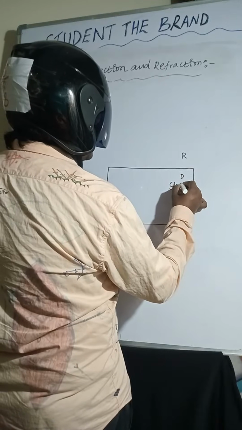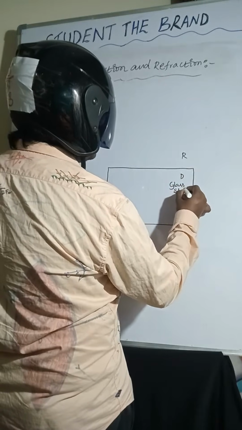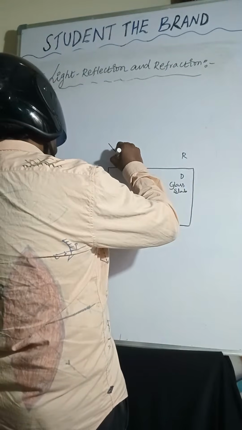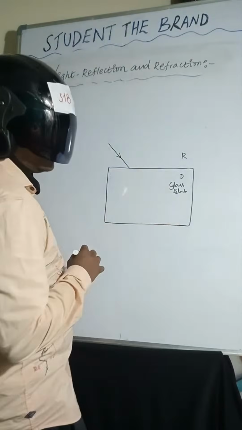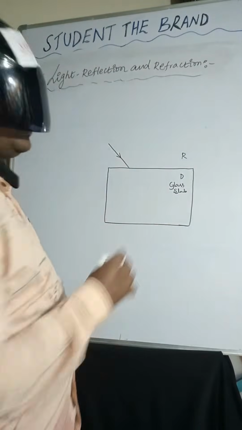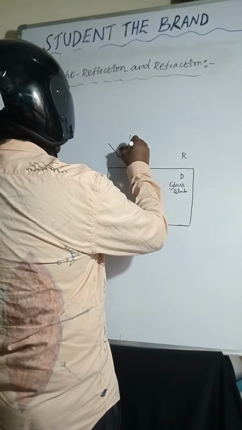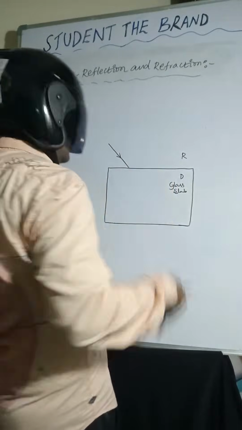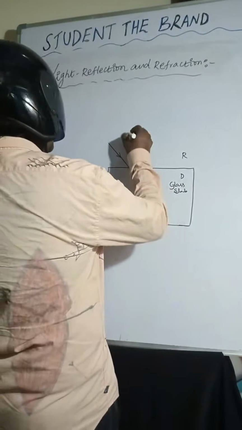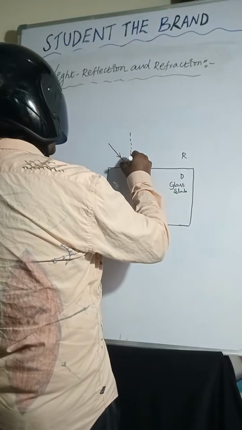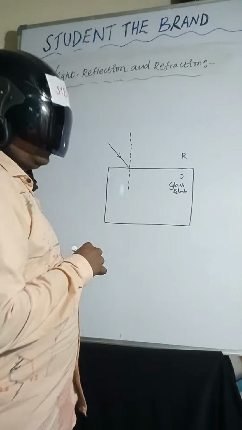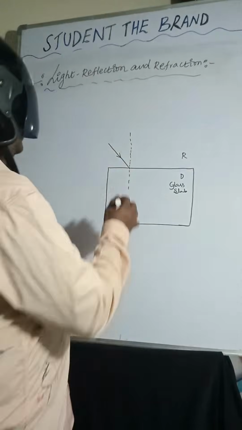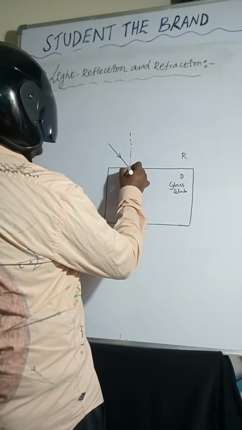So, glass slab. I'm drawing the normal line. Now after refraction, it bends towards the normal line, so like this.